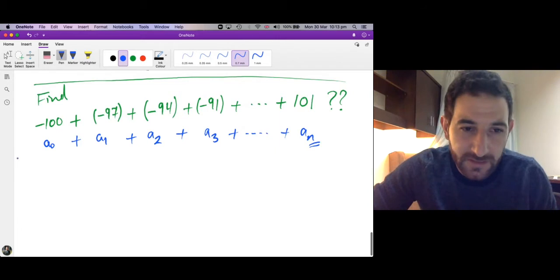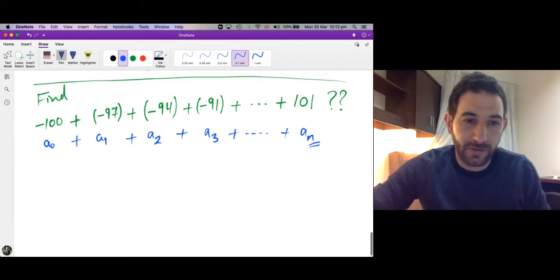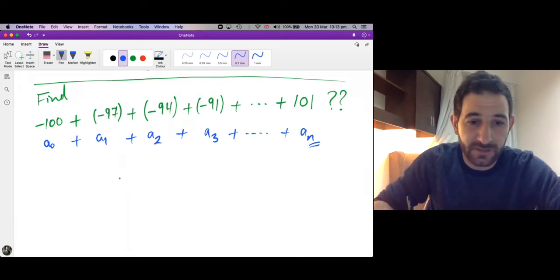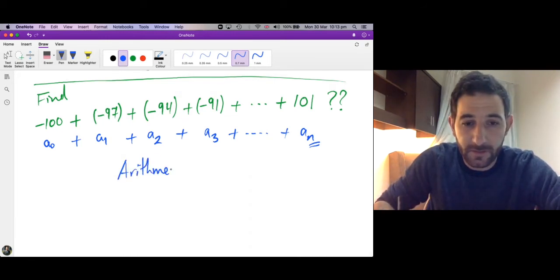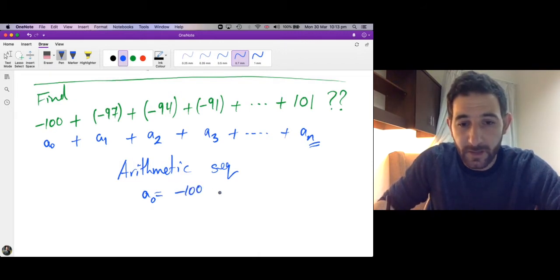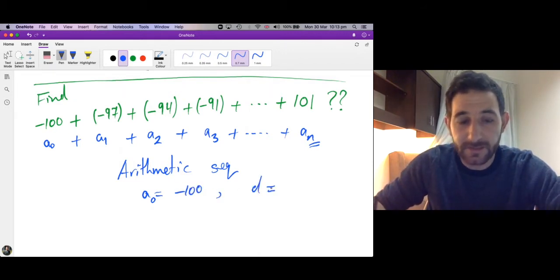Can you see what this is? If we forget about the plus, this is a sequence. And what is this sequence? This sequence is an arithmetic sequence where the first term a0 is minus 100, and the common difference d is plus 3.